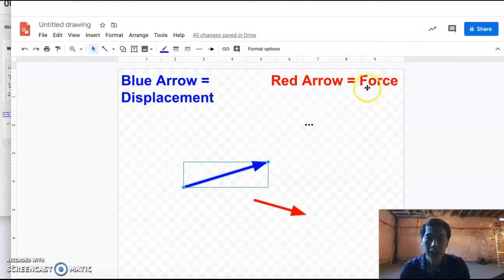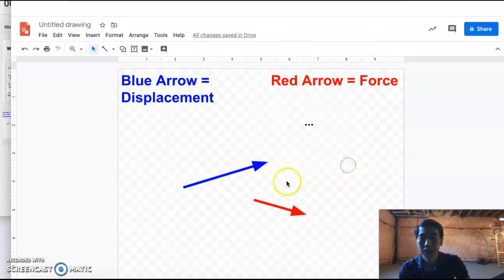And my red arrow is going to represent the direction that a force is acting on the same object.